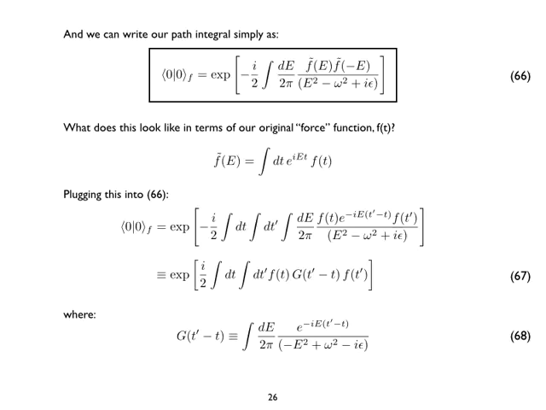I have to be careful: when I plug in F twiddle E and F twiddle minus E, I better use different time variables, so I call them T and T prime. Then if I group some stuff together, I get something that looks like this, where I've defined G of T prime minus T to be this energy integral of this mess.